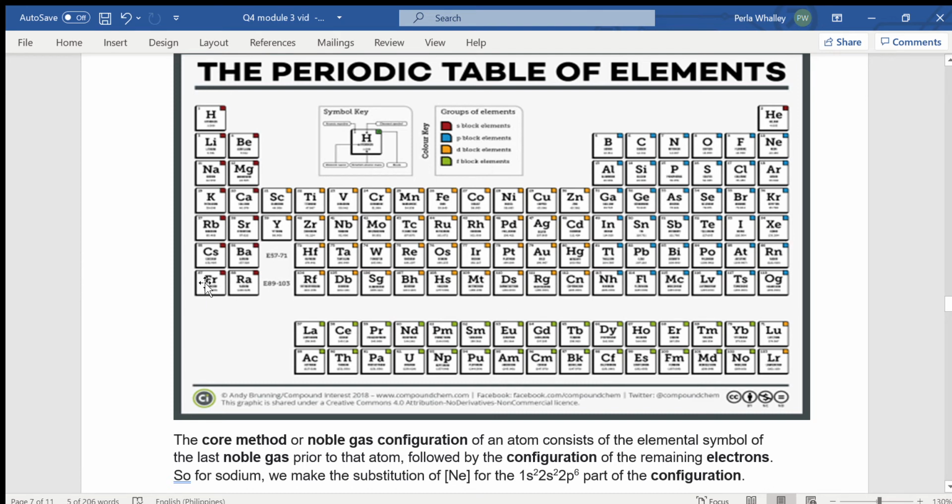For period 7, you just count downward: period 1, period 2, period 3, period 4, period 5, period 6, period 7. So from francium, actinium to lawrencium, and rutherfordium to tennessine, they will use radon as the core.